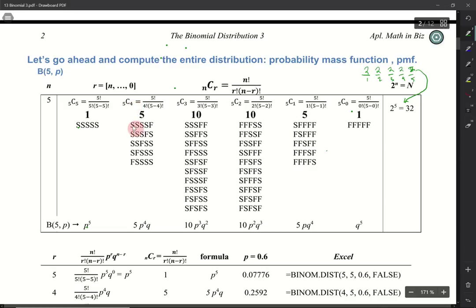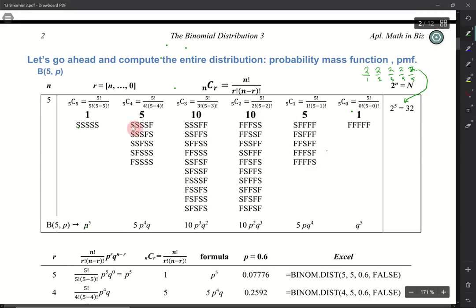Well, you could have success first, success second, success third, success fourth, and failure fifth, or you could have this one, or this one, or this one, or this one. Since we're multiplying for the intersection, the order of multiplication doesn't matter.